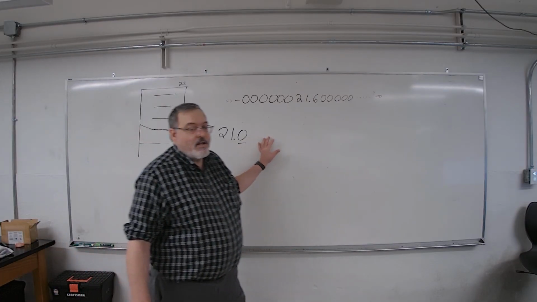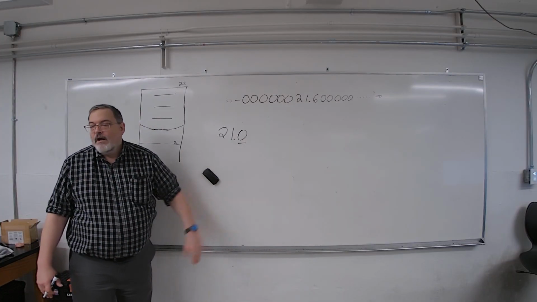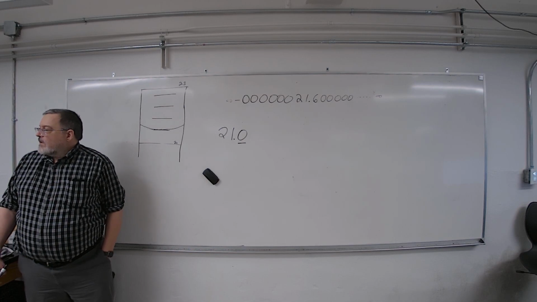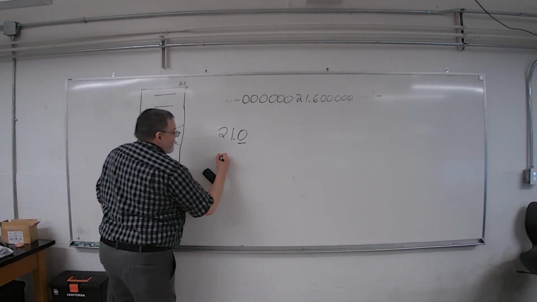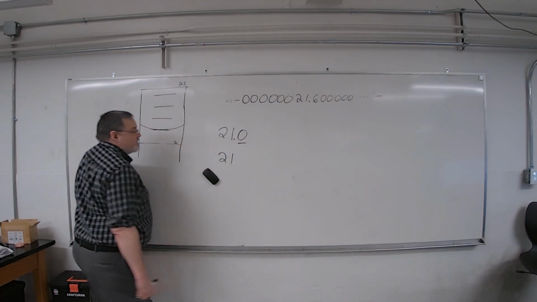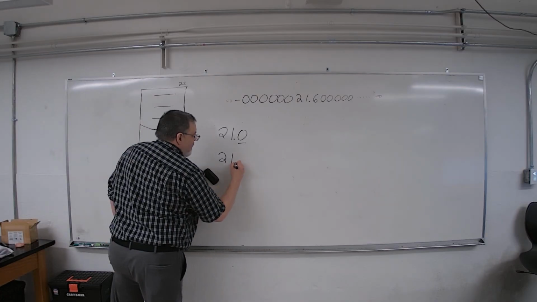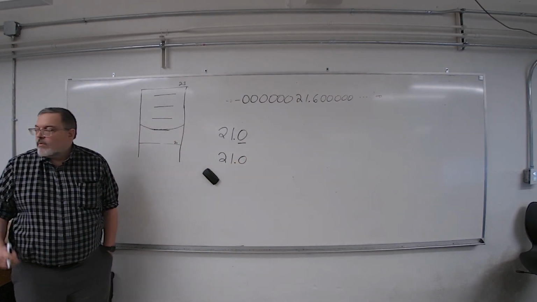It's not just a placeholder for all these zeros. I chose to put that 0 there because it counts, because I did actually measure it. You see what I'm saying? If I read this as 21 and just left it like that, I've done something wrong. I've left this extra piece of information out. So 21.0 is what I want to write down.